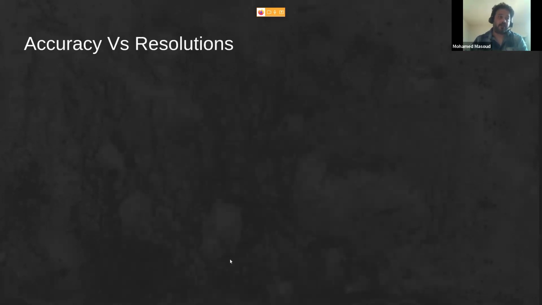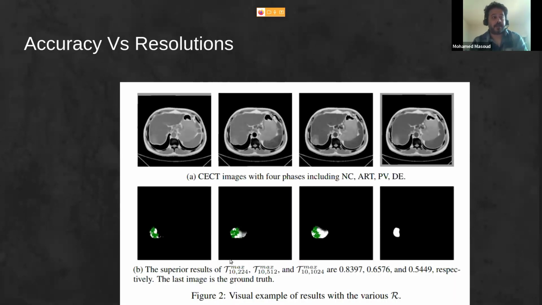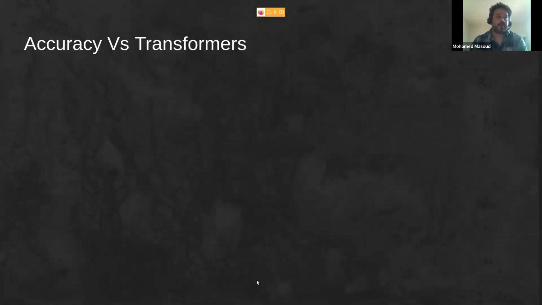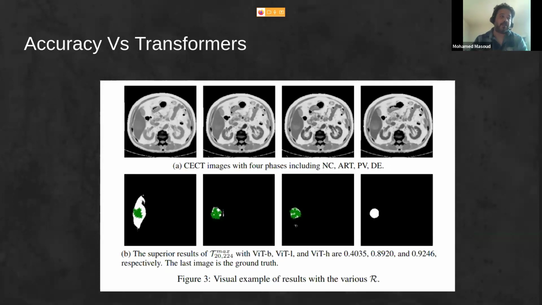In the resolution part also, they found that increasing the resolution can end up lowering the segmentation accuracy. So again, this is another downside of the SAM model in the medical field. They also used different vision transformers, from the basic one to the large and heavy one, or the huge one.